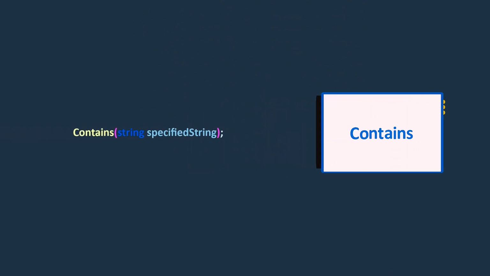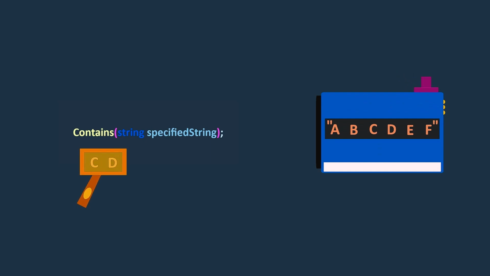Okay, the third method that we're gonna discuss is the contains. Here's the syntax of this method. The contains is also an instance method that is used to check whether the specified string occurs within the string or not. If it occurs, then it returns true, otherwise false.